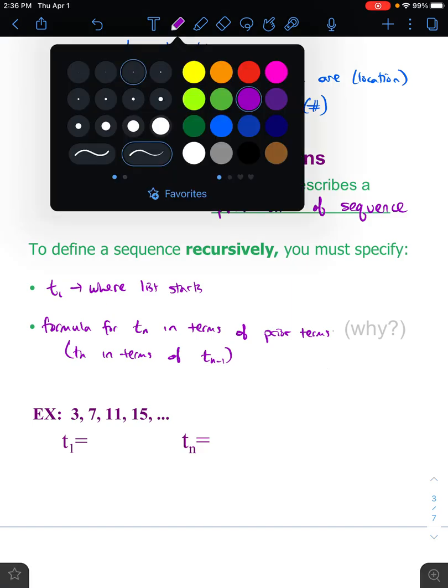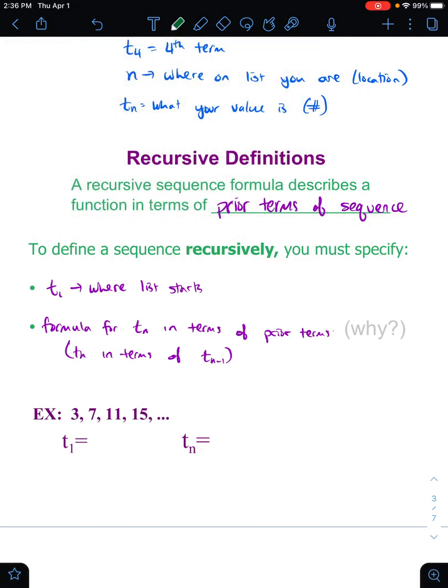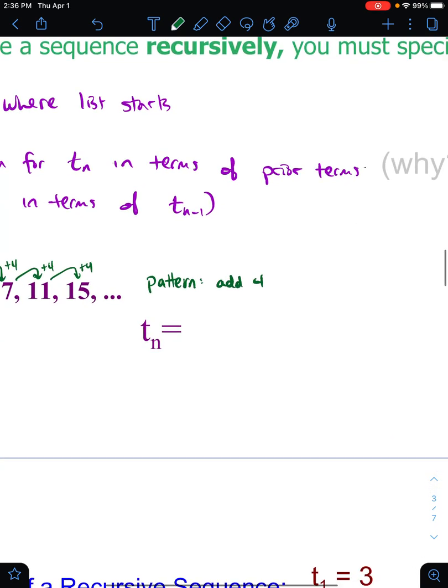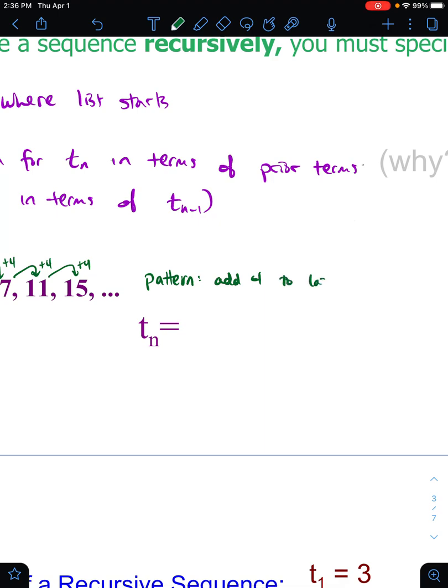So here's an example. We have 3, 7, 11, 15. So I know that this is plus 4, right? So 7 plus 4 is 11, 11 plus 4 is 15. So our pattern is add 4 to the last term.